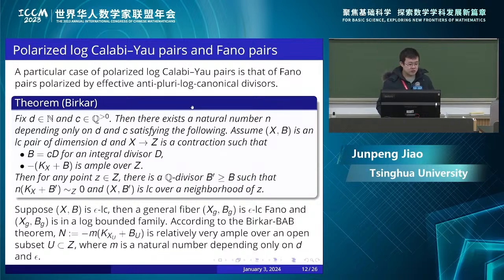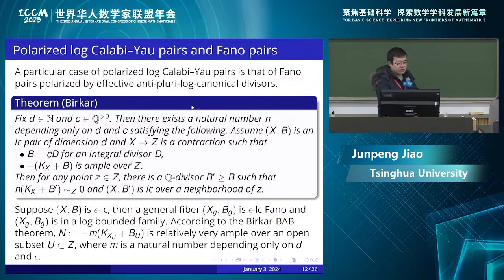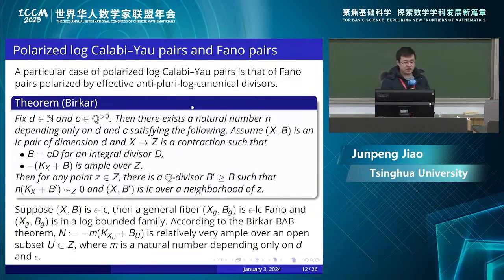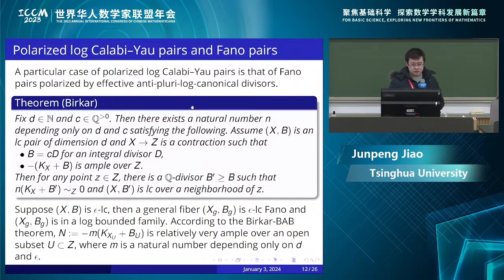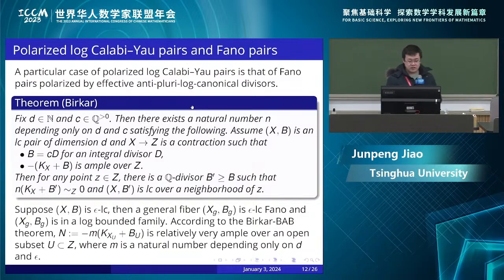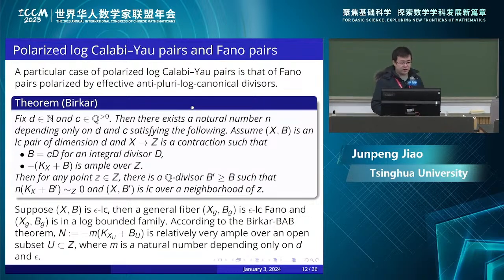A particular case of polarized log Calabi-Yau pairs is that of Fano pairs polarized by effective anti-pluricanonical divisors. So the following theorem is due to Professor Birkar. Fix a dimension d and c and epsilon. Then there exists a natural number n depending on d and c satisfying the following.